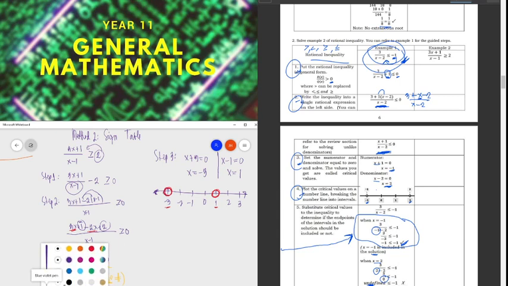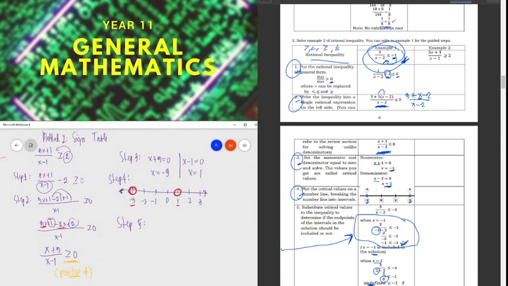Now let's proceed to step 4. Step 4 is plotting on the number line. Now let's proceed to our sign table, step 5.